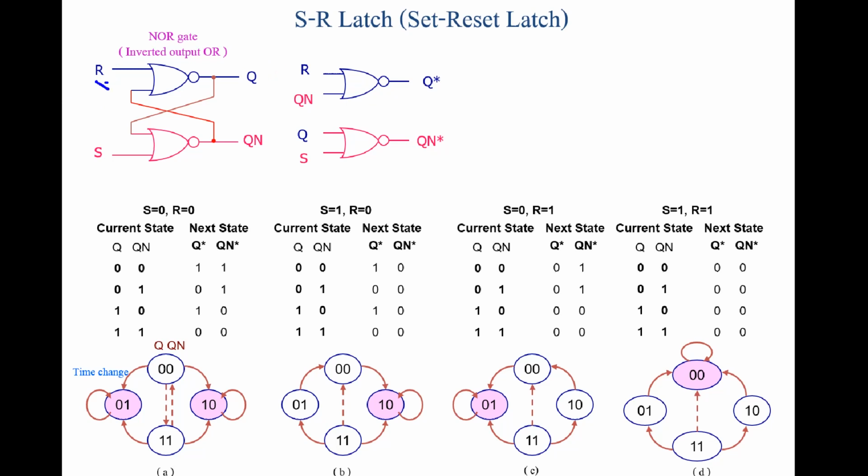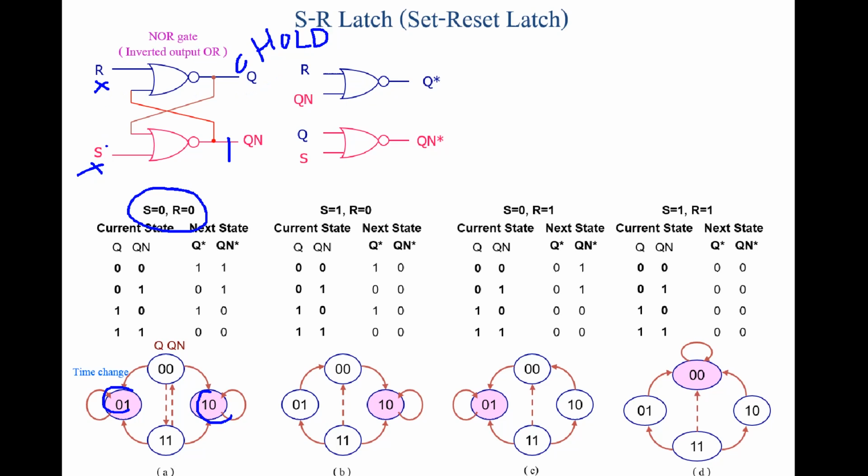If SR is not active, the circuit will be bistable. And if the current state is 1 0 or 0 1, it will be stable, not change. So actually it is hold mode, right? Hold.